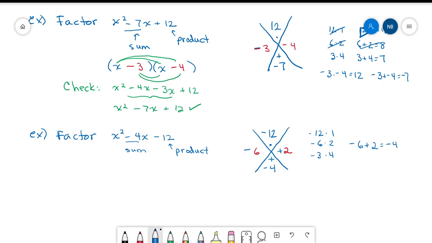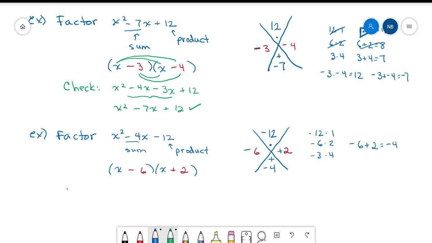So we set up our parentheses to receive our binomials, and then we put the negative 6 and the positive 2 in the parentheses. Notice I'm putting the signs of the numbers with the numbers.